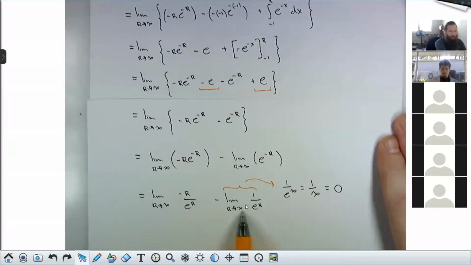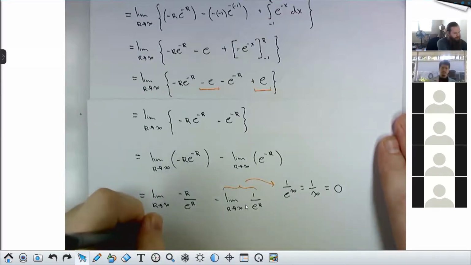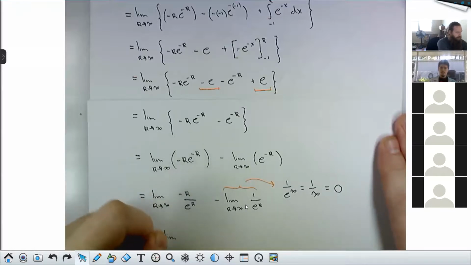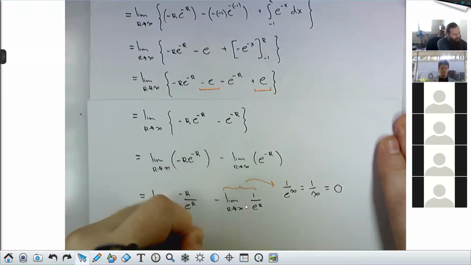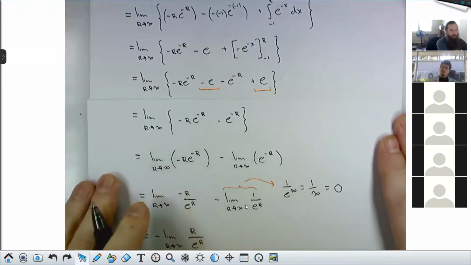So I'm not worried about this piece. This piece is going to 0. What about this piece? So what I have left here, I'll pop out the negative, and I've got the limit as r goes to infinity of r over e to the r.